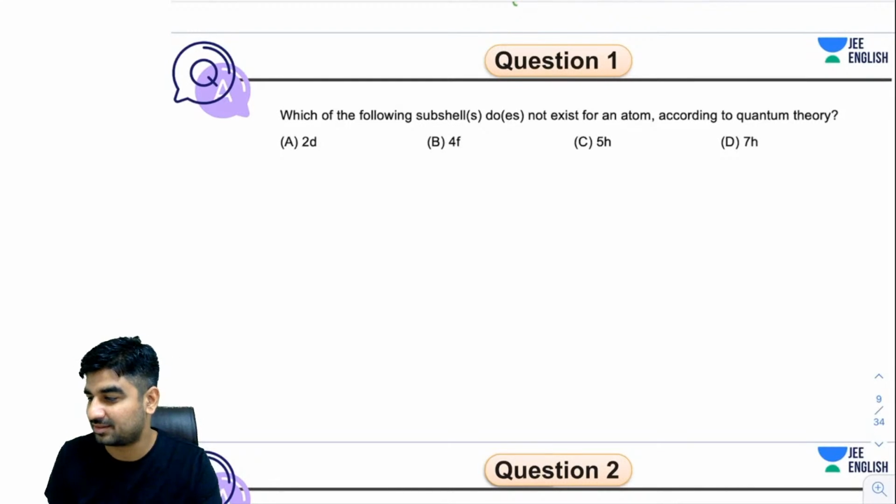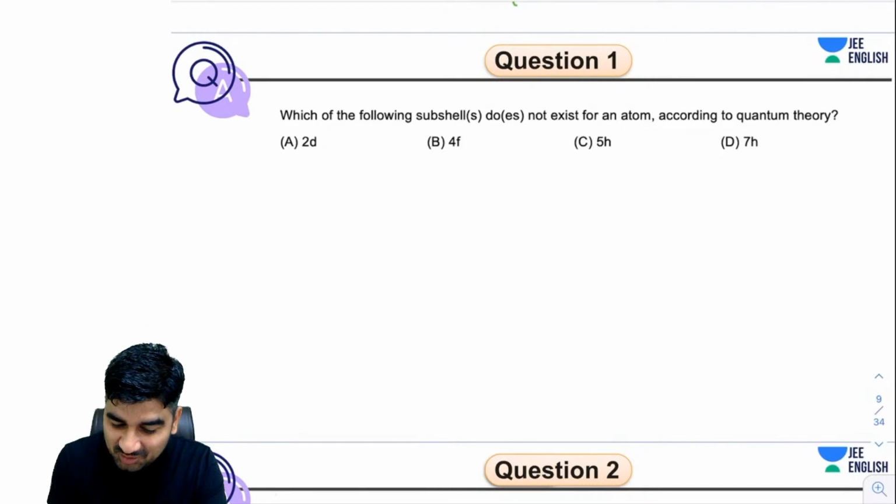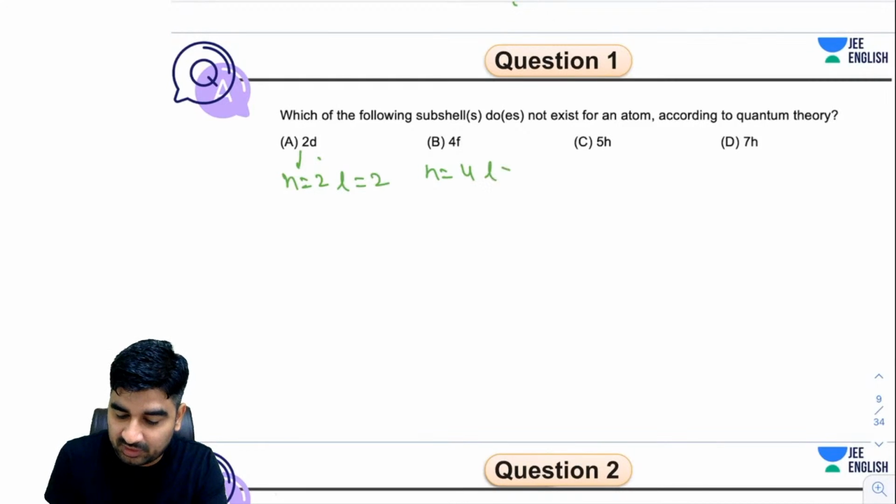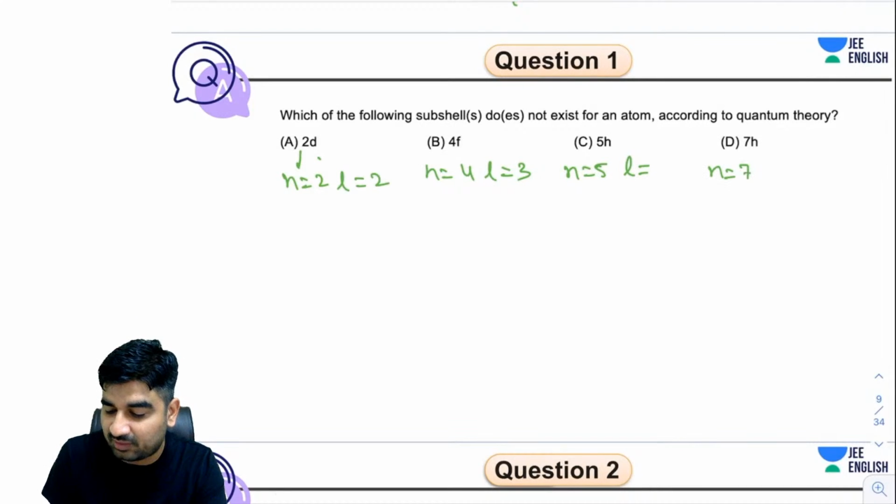Let's discuss. Okay. So which of the following subshell does not exist? Just write down for this: n is equal to 2, l is equal to 2; n is equal to 4, l is equal to 3; n is equal to 5, and what would be the value of l? n is equal to 7, and what would be the value of l? 4h.